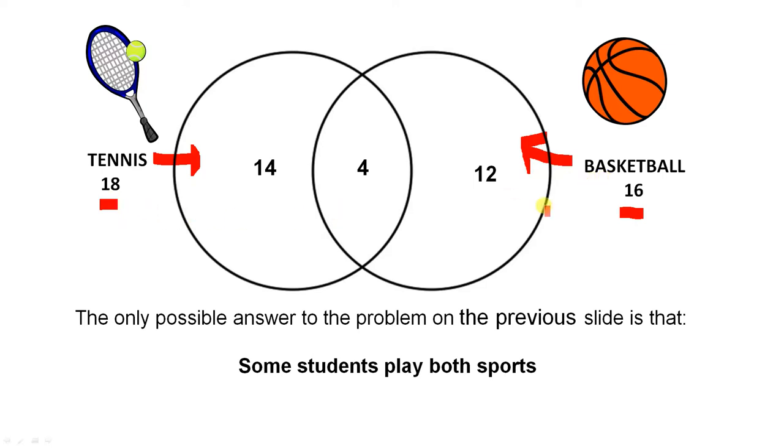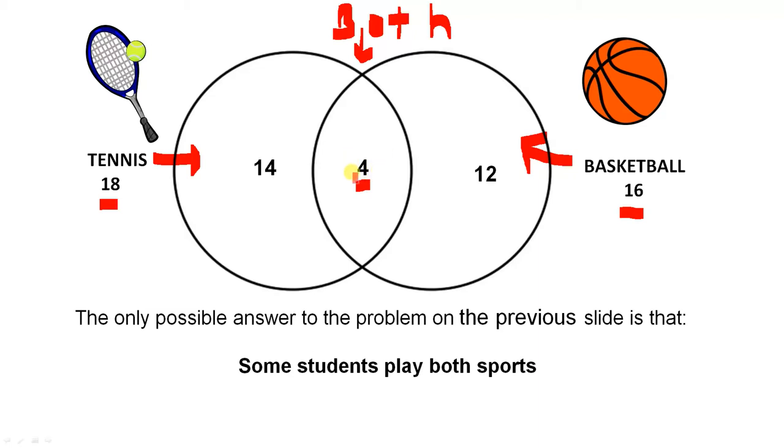Because you have 34 students, which is 4 over and above the total number of students in the class, that means 4 students must play both sports. So here, that area there means that the students play both sports. B-O-T-H. They play both. So 4 students play tennis and basketball.